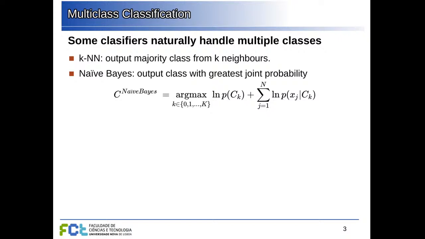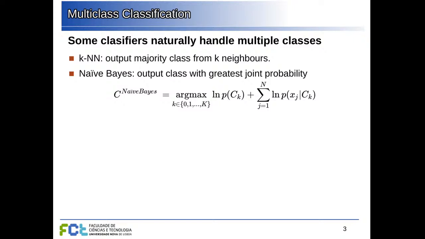So for some classifiers, it is trivial to handle multiple classes. For example, we saw k-nearest neighbors, which is a classifier that stores the training data and then outputs the majority class from the k-nearest neighbors. So independently of how many classes you have, as long as the classes are labeled in the training set, you can use this classifier for any number of classes.